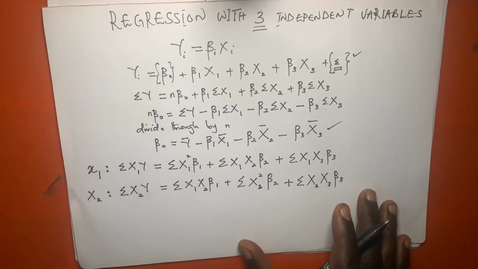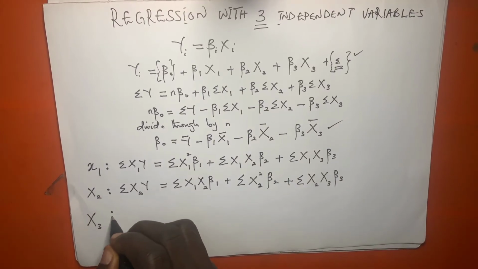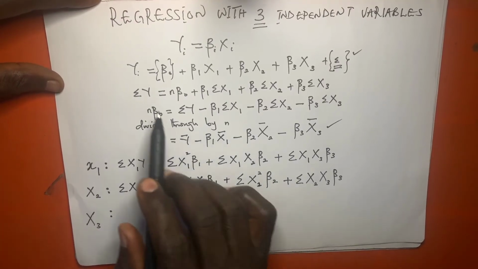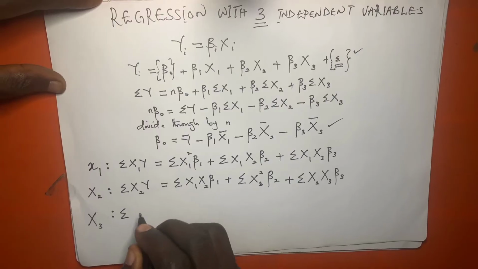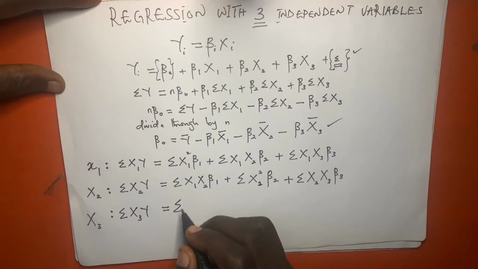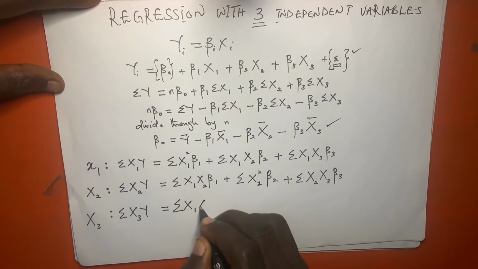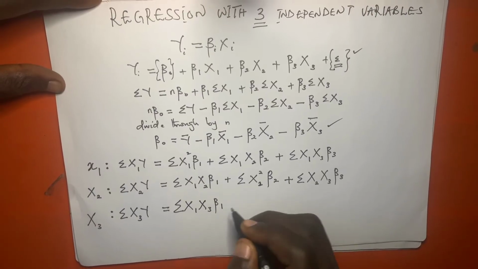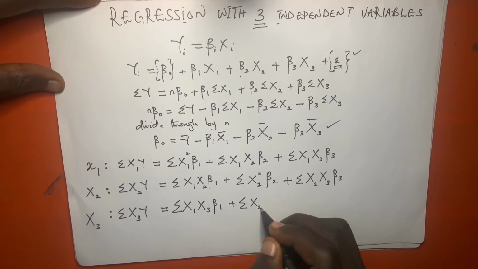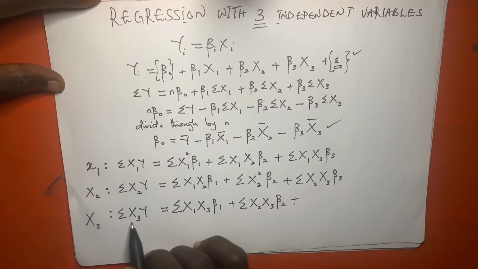All right, then x3 will give us summation x3 multiplied by y, so we have summation x3y equals summation x3 multiplied by x1, so we have summation x1 x3 beta 1, plus x3 x2, summation x2 x3 beta 2, plus x3 x3.